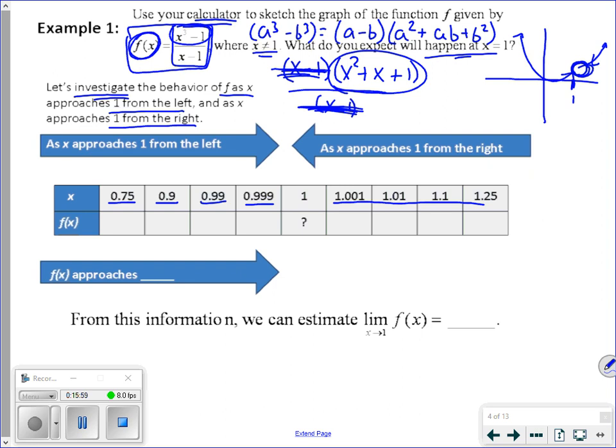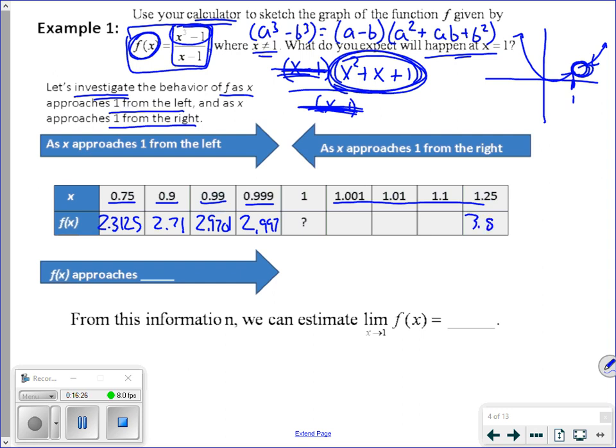I'm getting 2.3125, 2.71, 2.9701, 2.997. You notice as I'm coming from the left, it's going 2.3, 2.7, 2.9, 2.99. It's getting obviously closer and closer to 3, which we know is what we'd get if we were to plug 1 into the simplified version, right?